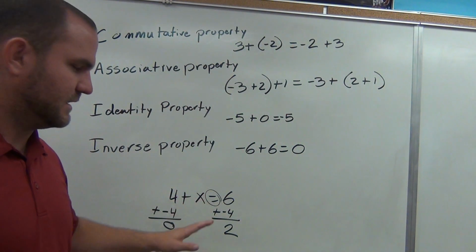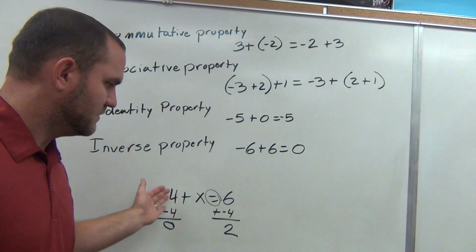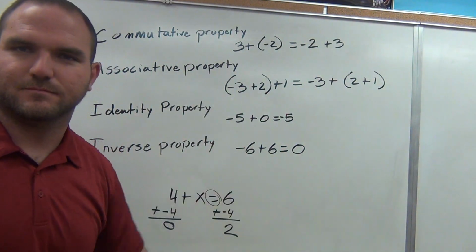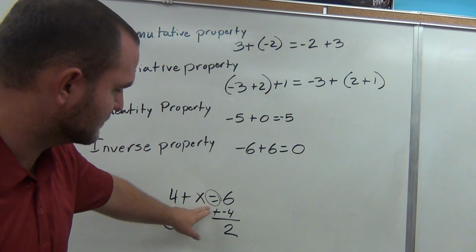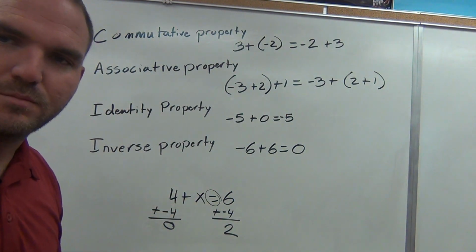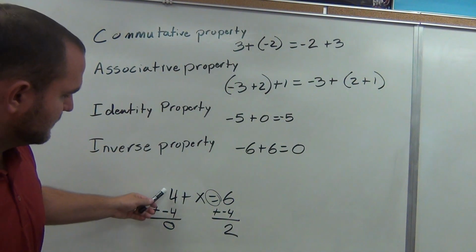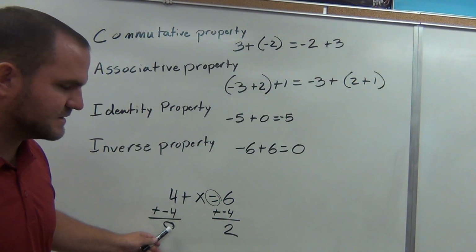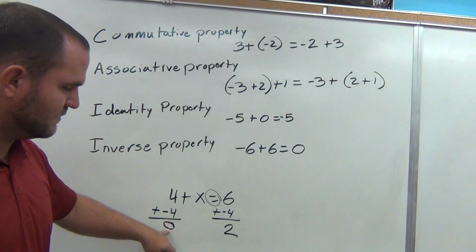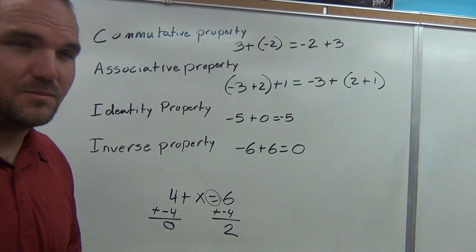The whole point is to get the side of the equal sign that has the x by itself, and that's what you're trying to do. So you're doing the opposite, making a 0, and if you do this with the 0, it might even help you as you're going along.